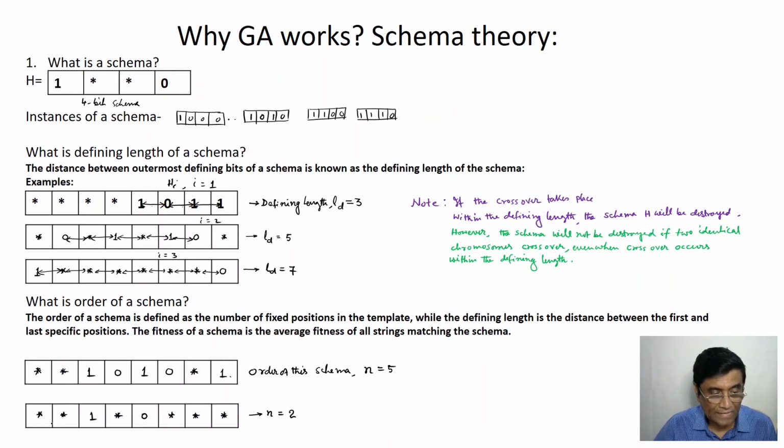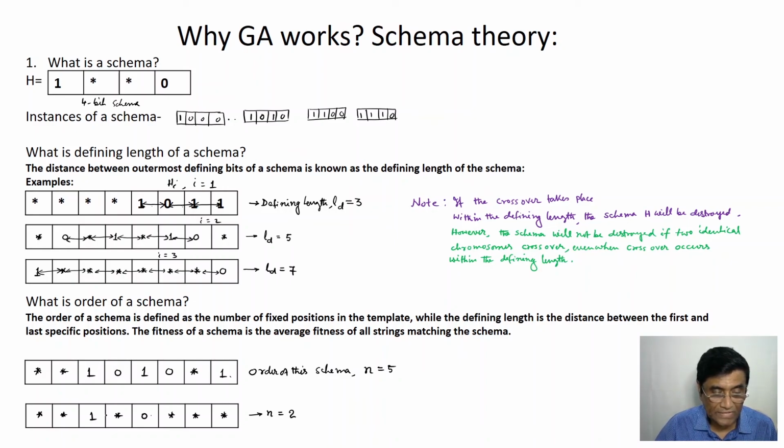Here, see another schema. What will be the order? 1, 2. So the defining bits here are 2. So the order equals 2. And likewise, if I give any schema, seeing the structure or the pattern of the schema, you will be able to tell me what the order is and what the defining length is.